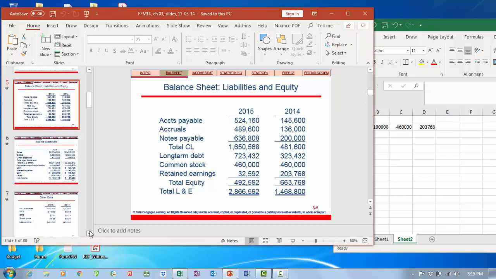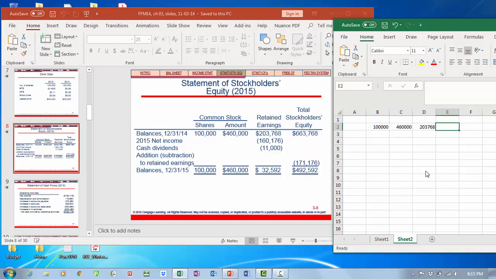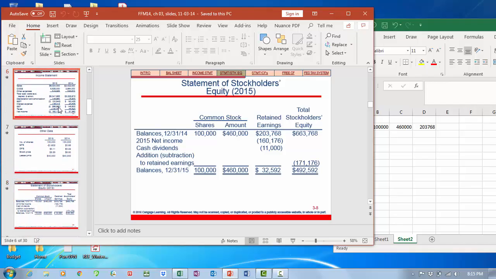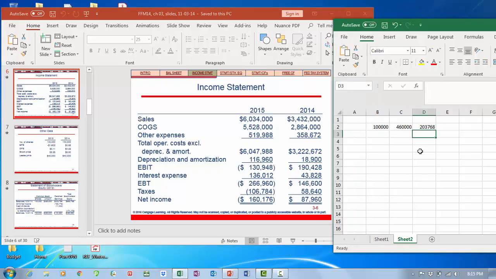And then we have to deduct the losses. Obviously, you made some losses in 2015, so you can look again at your income statement. And this is the 160,176. So that loss would have to be covered from the retained earnings.